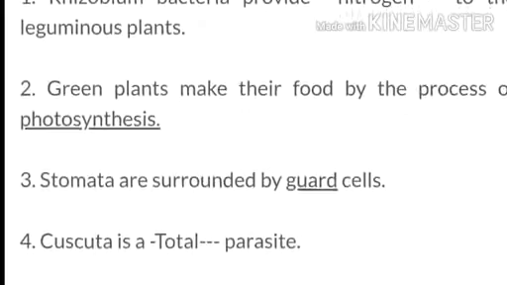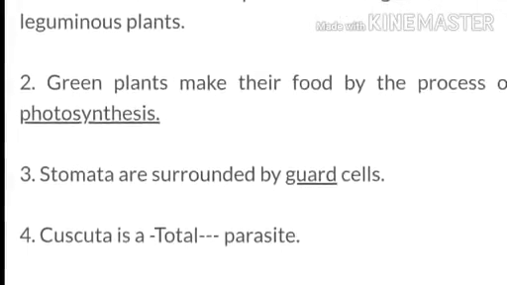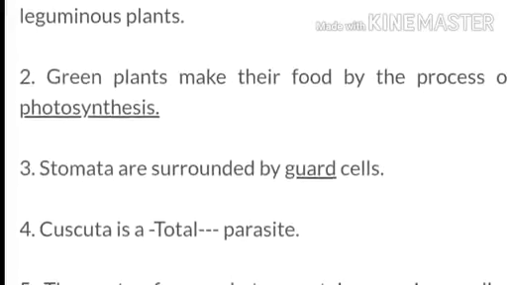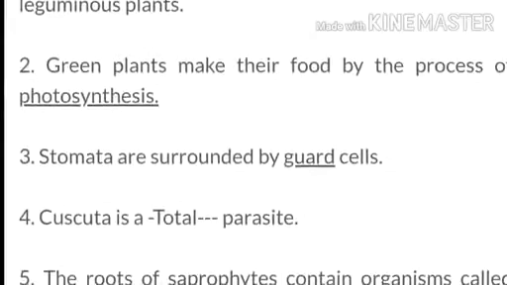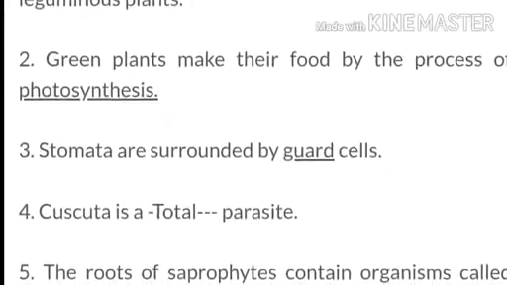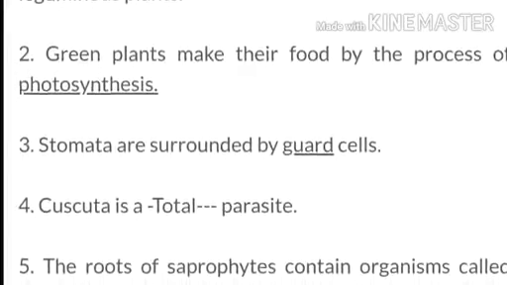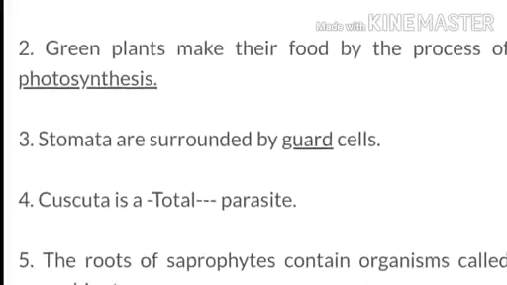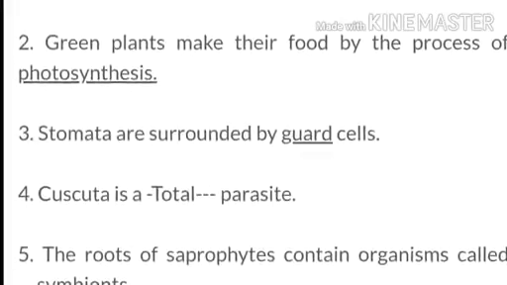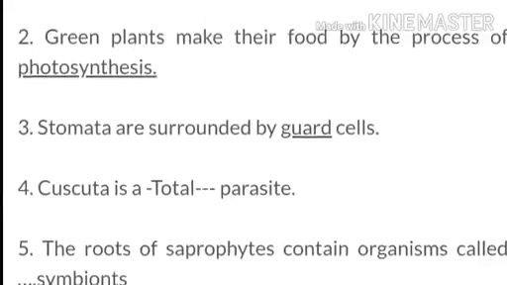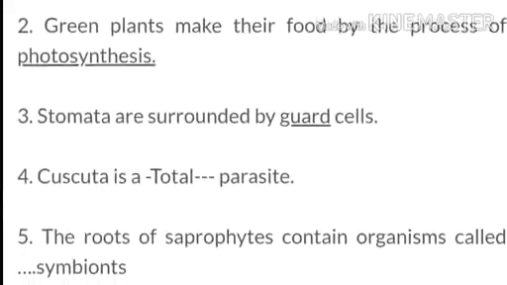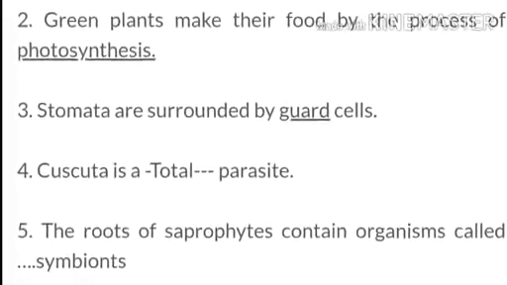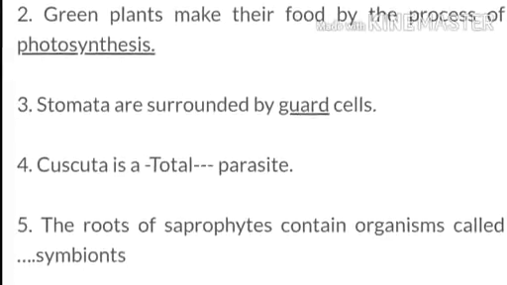Now fourth fill in the blanks, Cuscuta is a dash parasite. We know it depends on another tree, hence it is a total parasite. Now fifth fill up, the roots of saprophytes contain organisms called dash, so the correct answer is symbionts. So you must note it down.